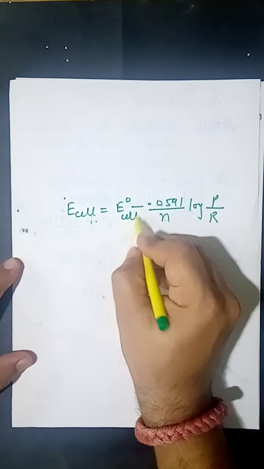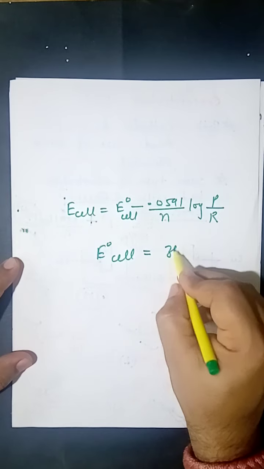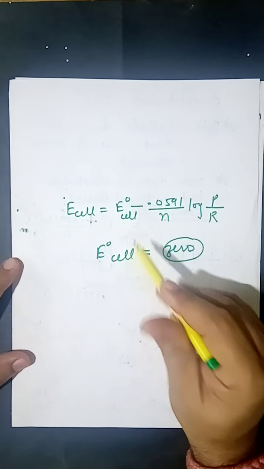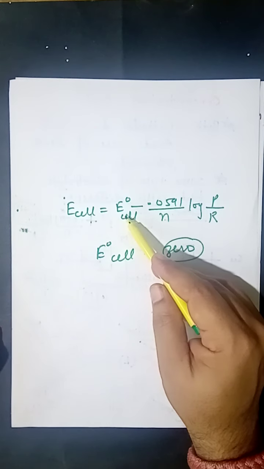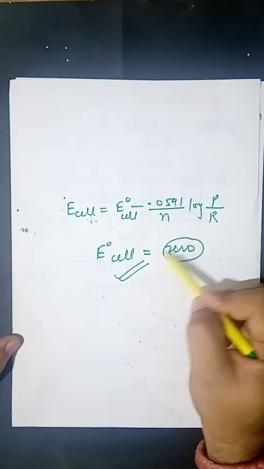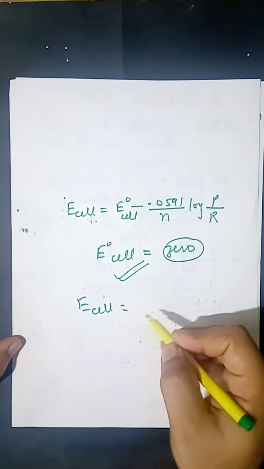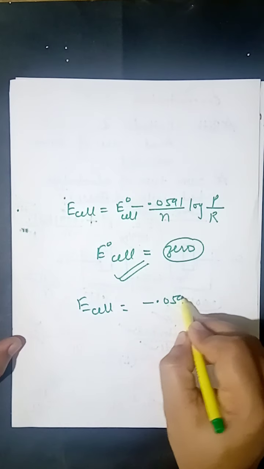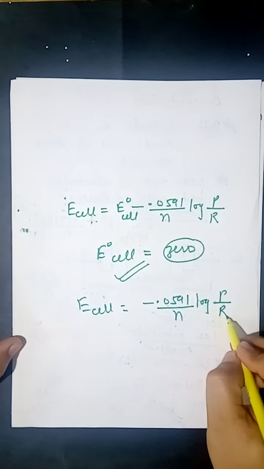Now for concentration cell, E naught cell is always equal to 0, because both cathode and anode are made by the same element, so they have the same standard electrode potential, and therefore their E naught cell is always equal to 0.